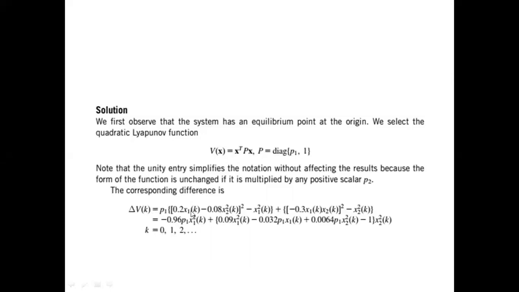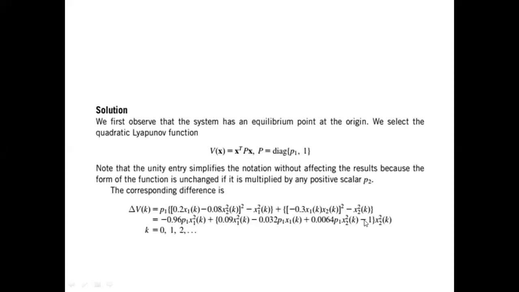So future minus present. Future means this term, minus present. We have taken a square because we have taken V of x equal to x transpose into P into x. Similarly, plus this x2, future minus present. We have taken a square function. If we manipulate it, p1 and p2 are some scalar values.